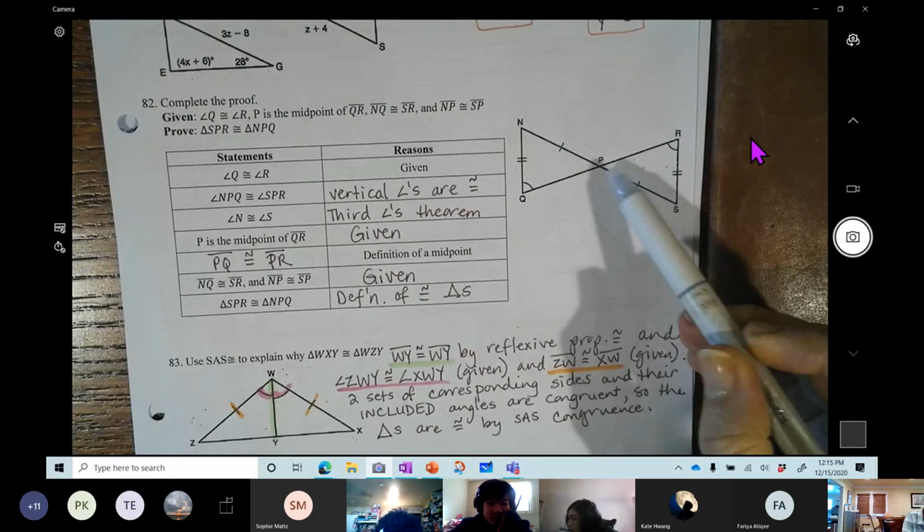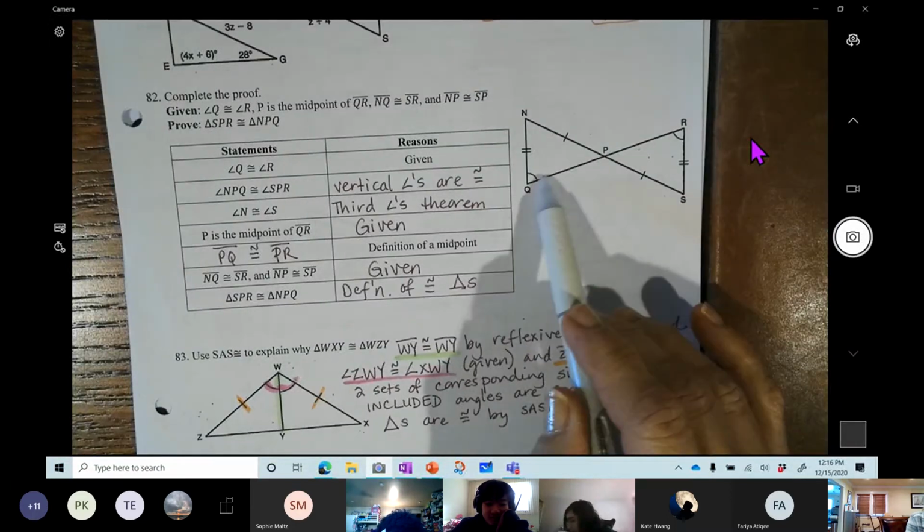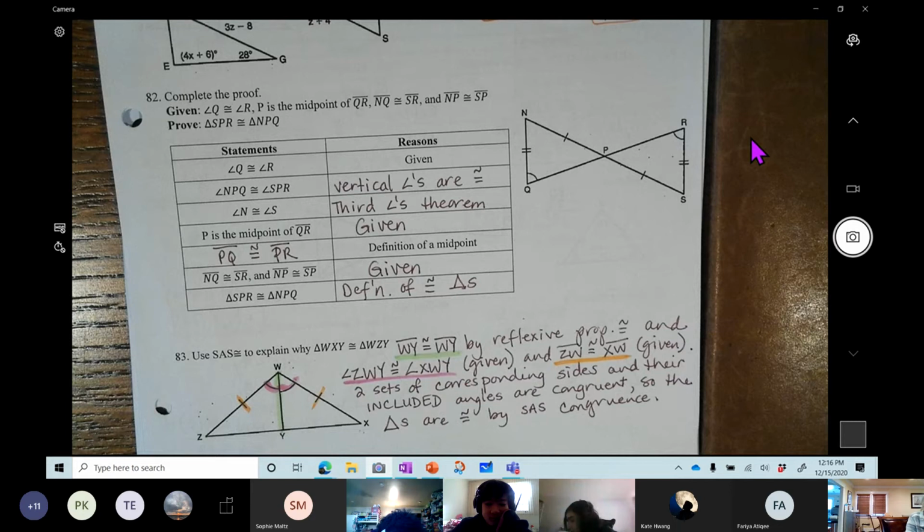We know that this is the midpoint. So the next thing you'll see, definition of midpoint, means that I can say that PQ is congruent to PR. Then they go to the next one, and definition of congruent triangles, because at this point you've shown that all 3 sides are congruent and you've shown that all 3 angles are congruent.